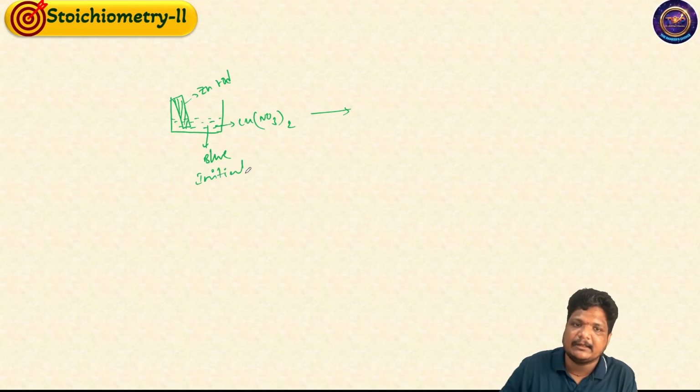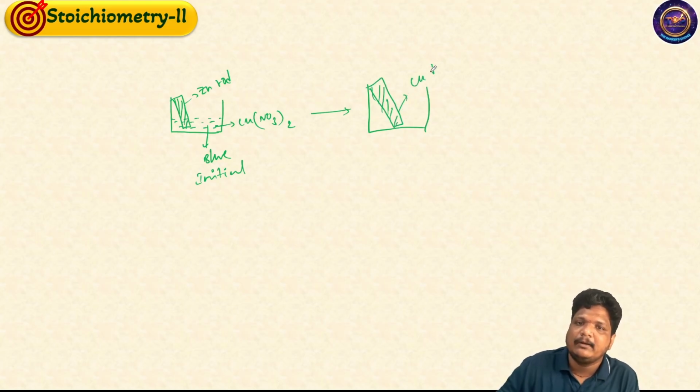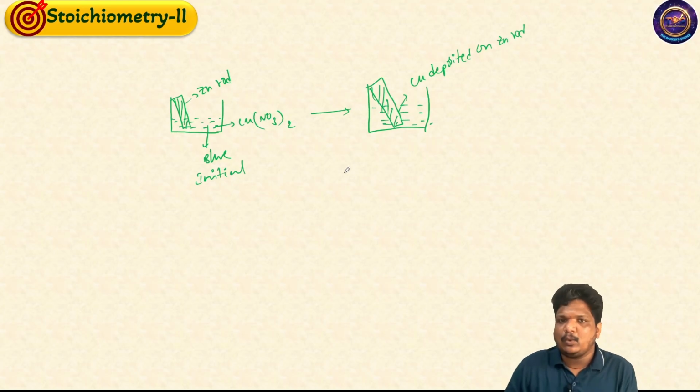So finally, in the final state, there will be a deposition of copper on the surface of the zinc rod. Copper is deposited on the zinc rod. So what happened here?